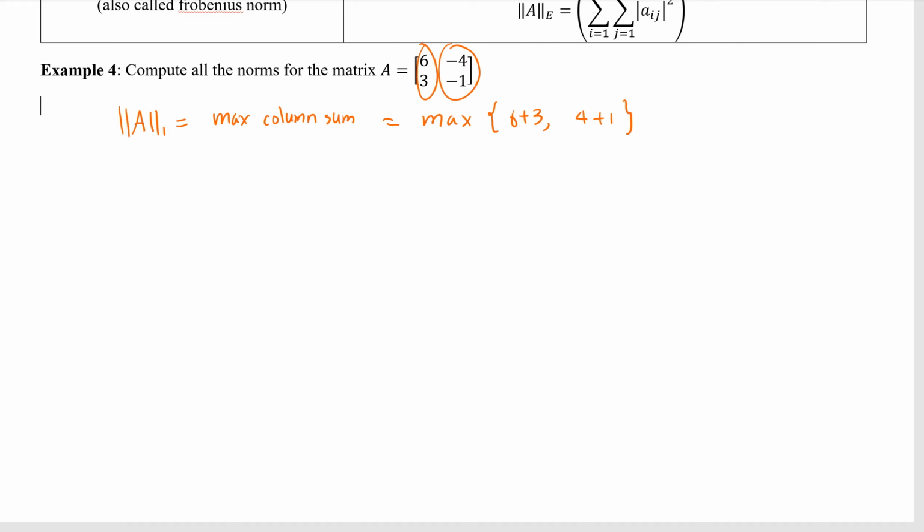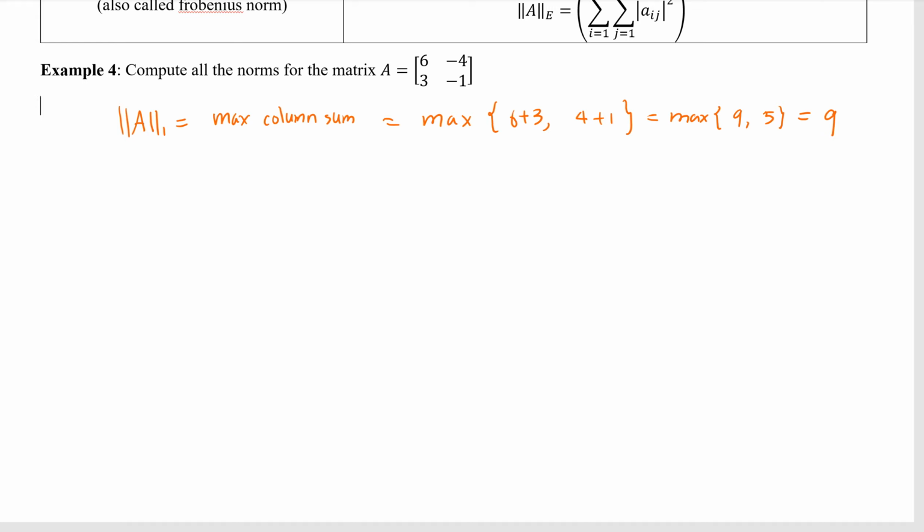So 4 plus 1. This is the same as the maximum between 9 and 5, and we get 9. By the way, if we have a set with a finite number of elements, the maximum is the same as the supremum, because we can find the largest element in a finite set.